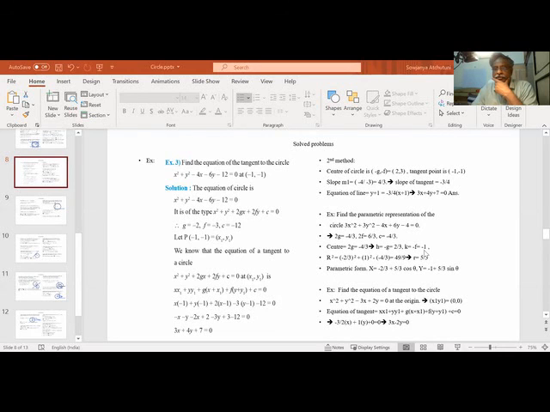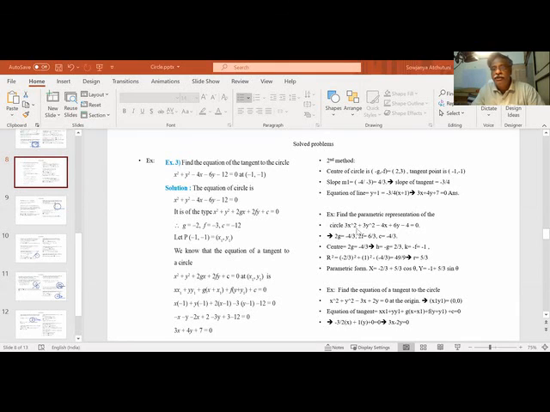So 2 by 3, minus 1. What is radius? Square root of g square plus f square minus c. C is minus 4 by 3. So why 4 by 3? Because in our formula it is x square plus y square plus something. So the 3 will go here. Suppose if it is not 3y square, 3x square and 4y square, that means this is not a circle at all. Both coefficients should be same.